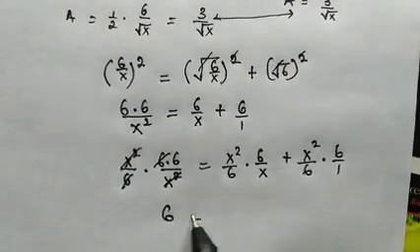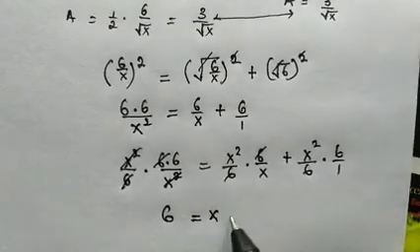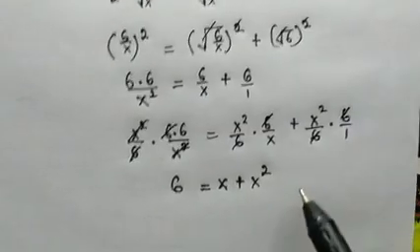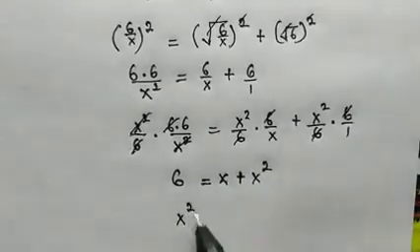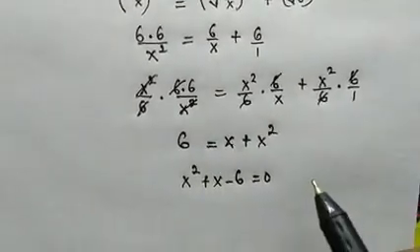We have here 6. This is equal to 6 cancels 6, x squared divided by x will give us just x. Then plus 6 cancels 6 here, and we get here x squared. From the right hand side, we have x squared plus x, then minus 6. This is equal to 0, right?